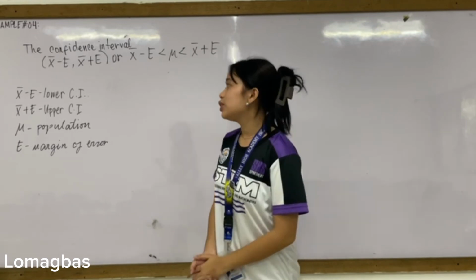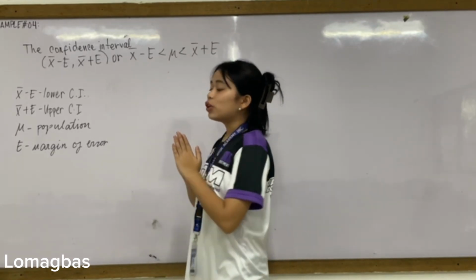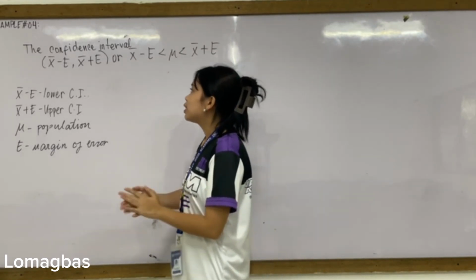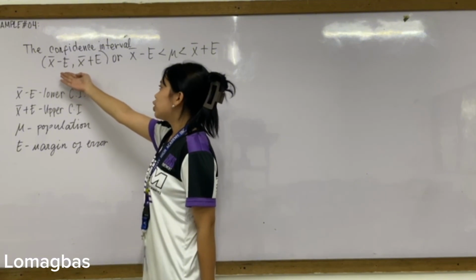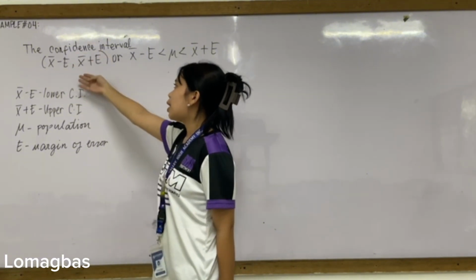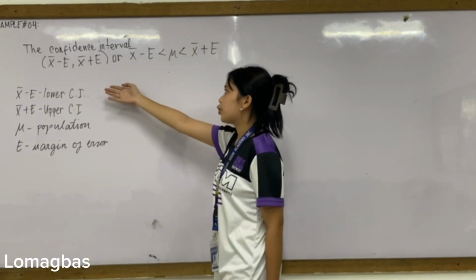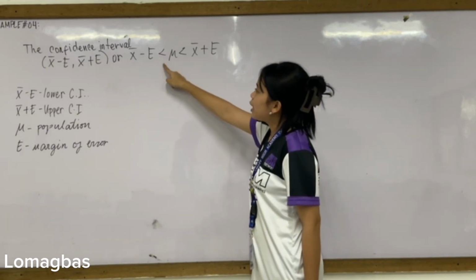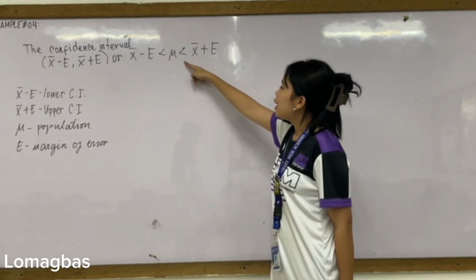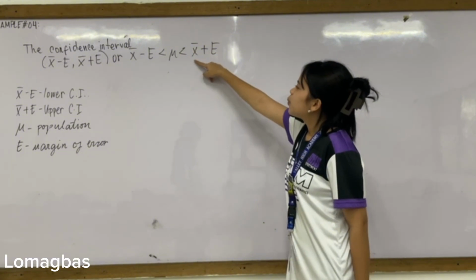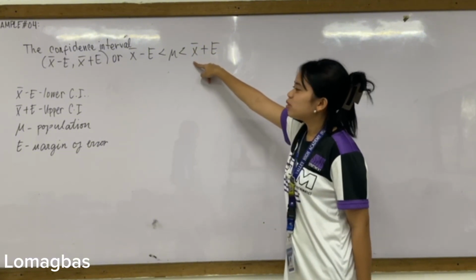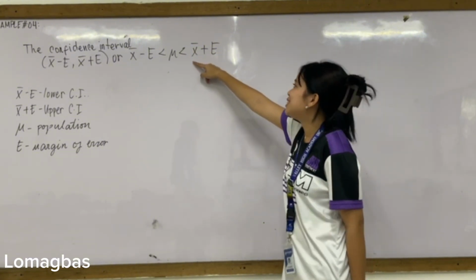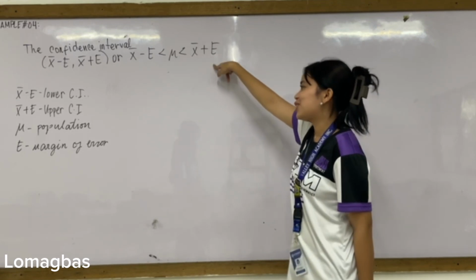The confidence interval can also be written as sample mean minus margin of error, and then sample mean plus margin of error. Or sample mean minus margin of error less than population mean less than sample mean plus margin of error.